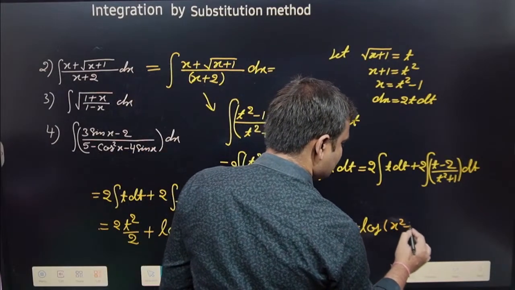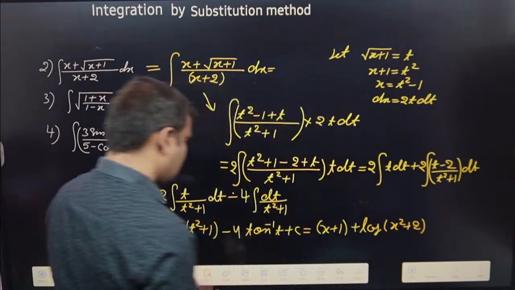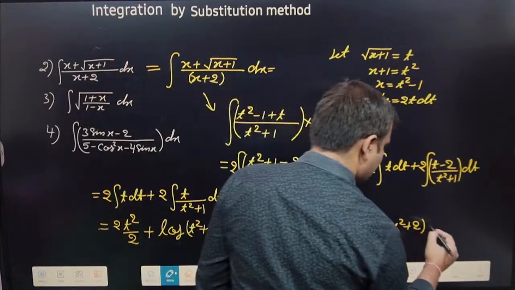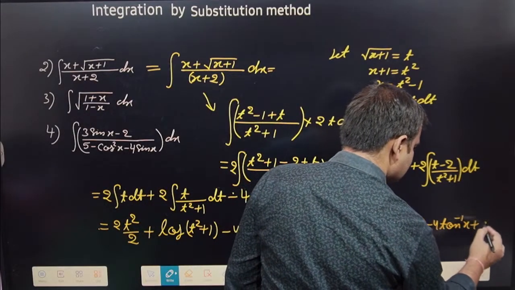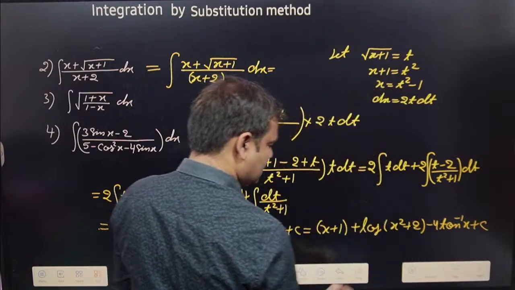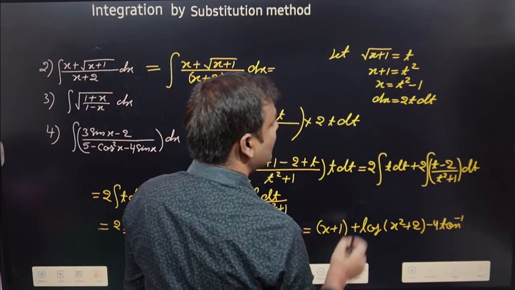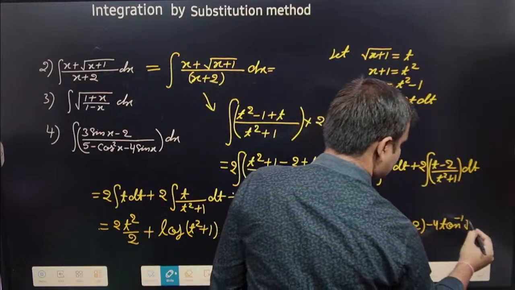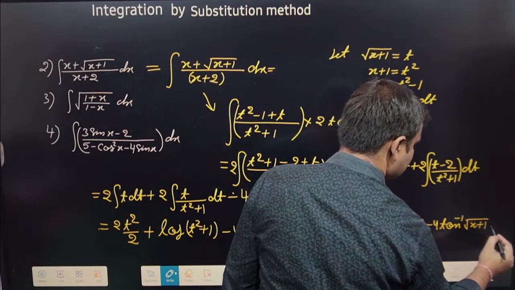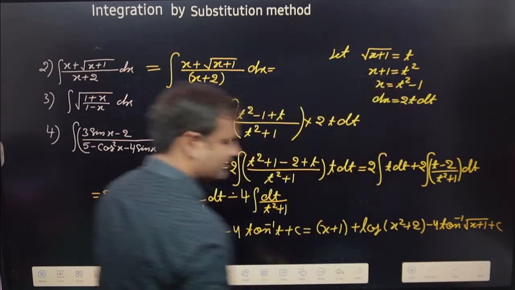So log of x plus 2, and that one written minus 4 tan inverse t plus c. Sorry, t is basically root of x plus 1. So written x plus 1 minus 4 tan inverse root x plus 1 plus c is the right answer.